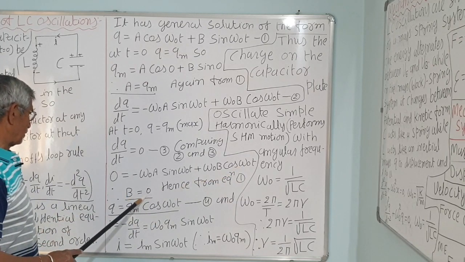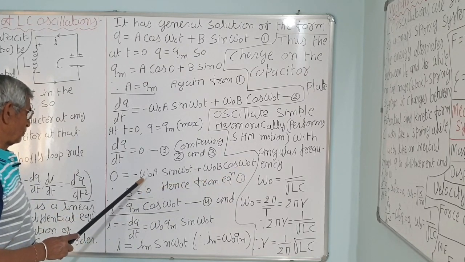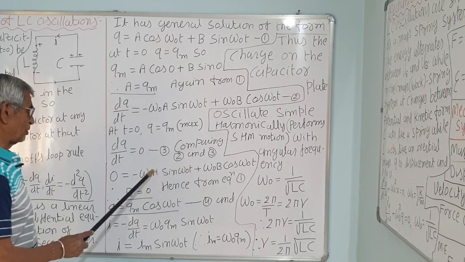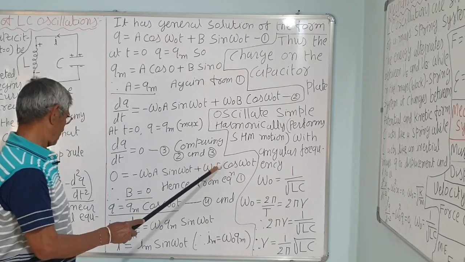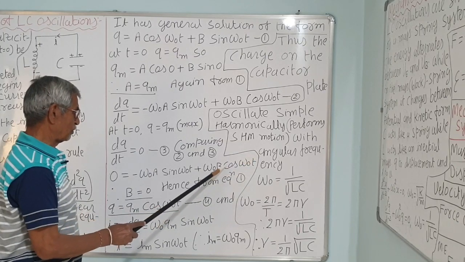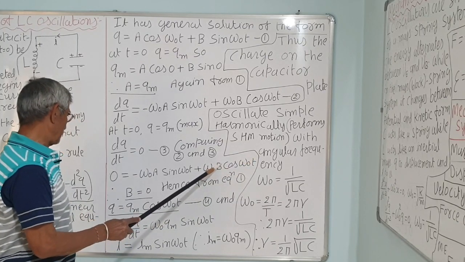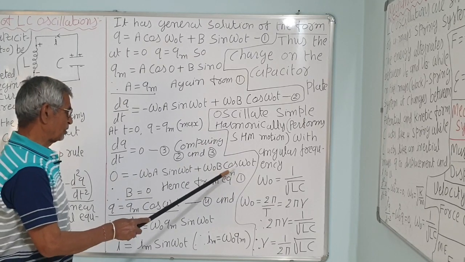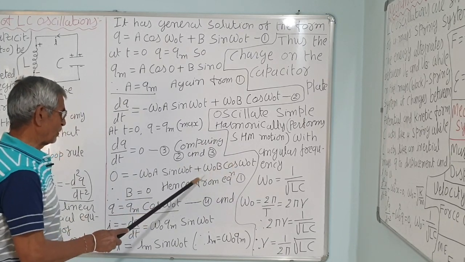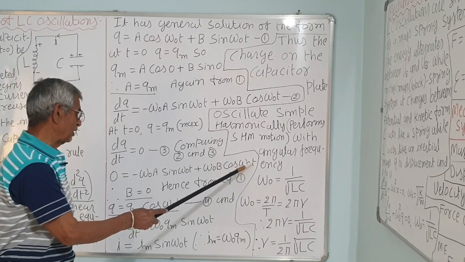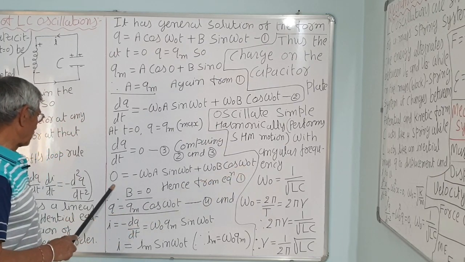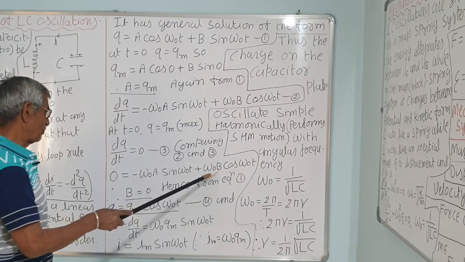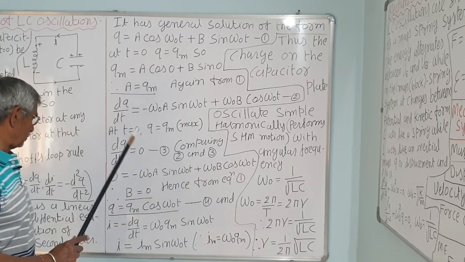Here sin 0 is 0 at t equal to 0, so this term is 0, and cos 0 is 1. Whatever the value of omega 0 B cos omega 0 t, the total value is 0, so this term also will be 0. So B is equal to 0.